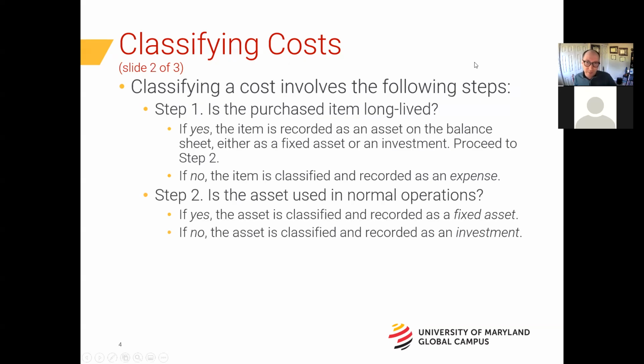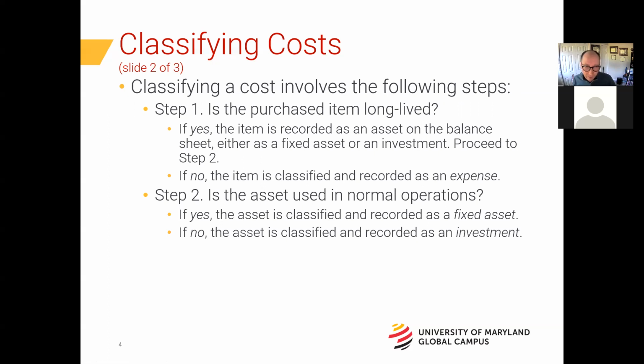I've given the example of a building, whether it's owned or leased, rented, right? So the first step of classifying is determining whether it's owned or leased. If it's owned, it's a fixed asset. If it's leased, it's an investment.